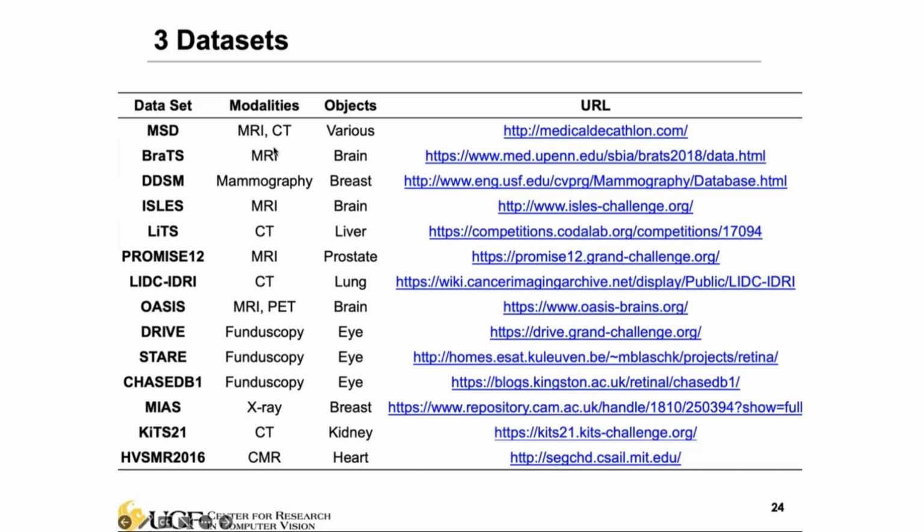For the second programming assignment, we're actually going to use the BRATS dataset for brain tumor segmentation using this MRI modality. Okay, we also have this kidney database to segment kidney tumors, and we also have heart, eyes, and lung, etc.